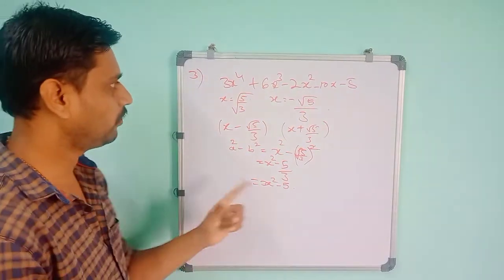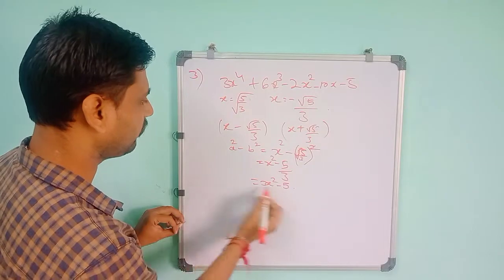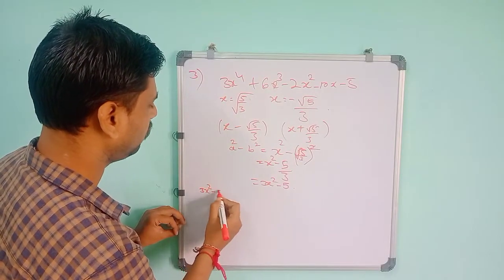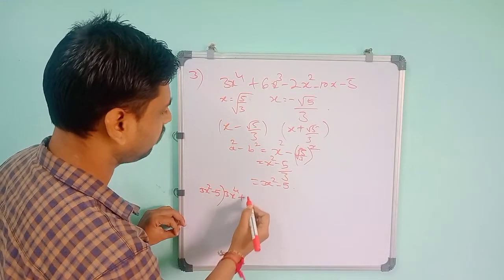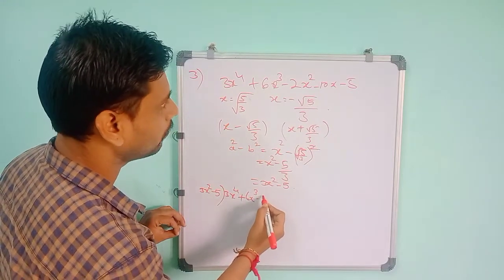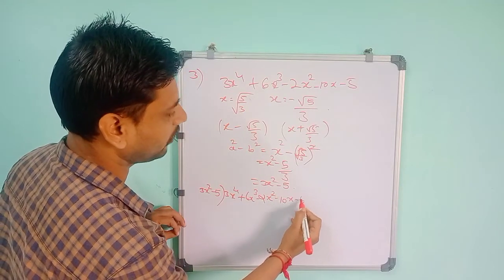So you have to find the other roots, and you can do it by the division method. This is the divisor, 3x square minus 5, and this is the dividend, 3x raised to 4 plus 6x cube minus 2x square minus 10x minus 5.